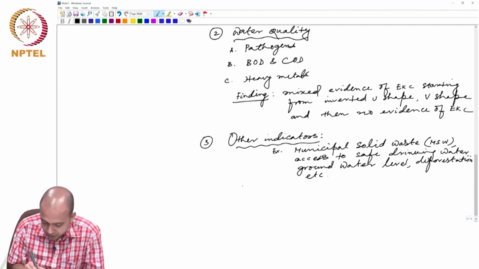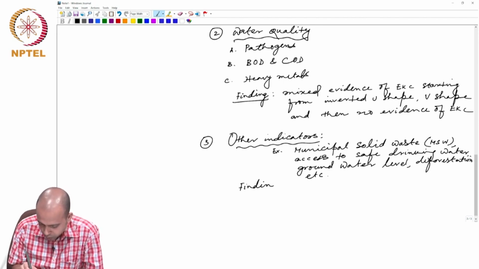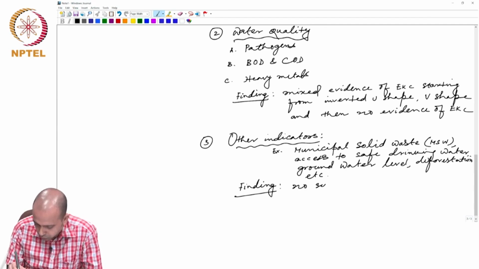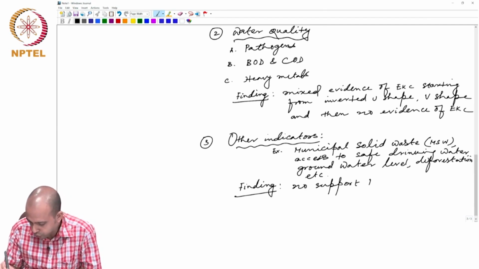And when these other indicators are used, finding is no support for EKC.